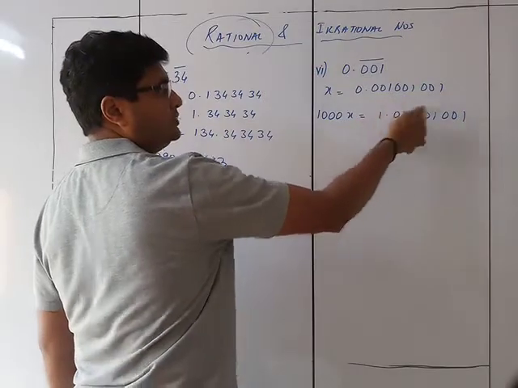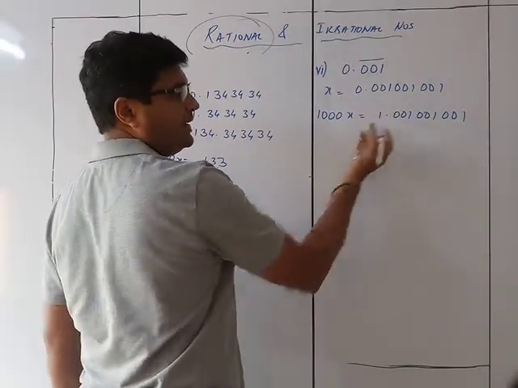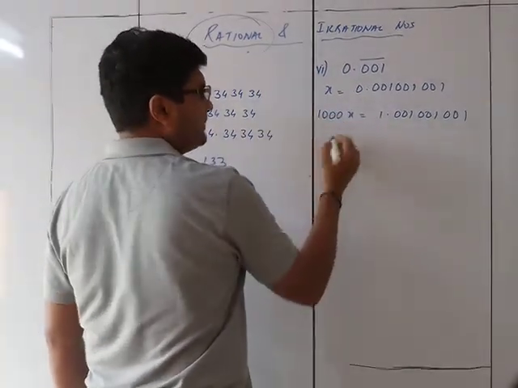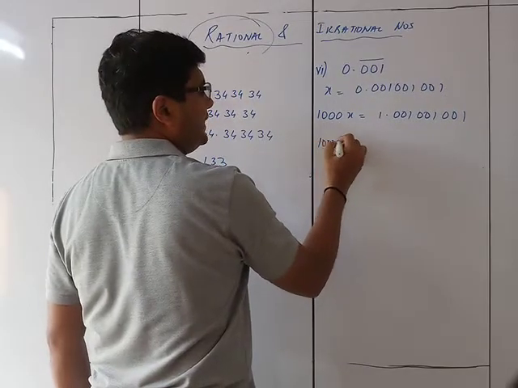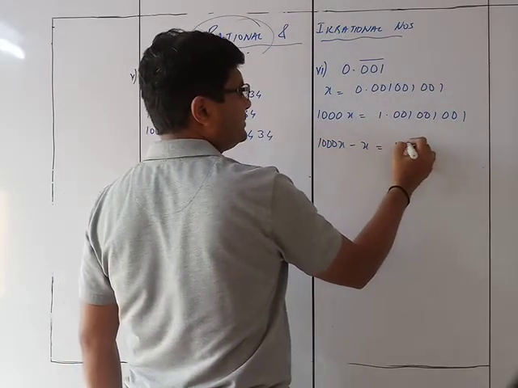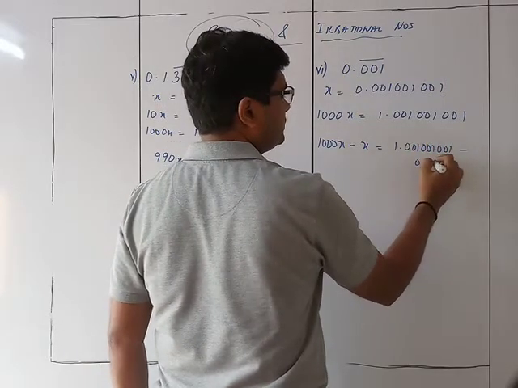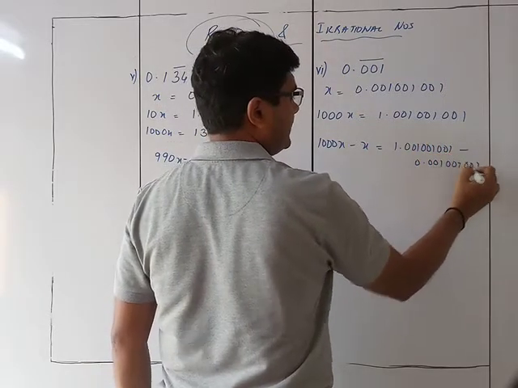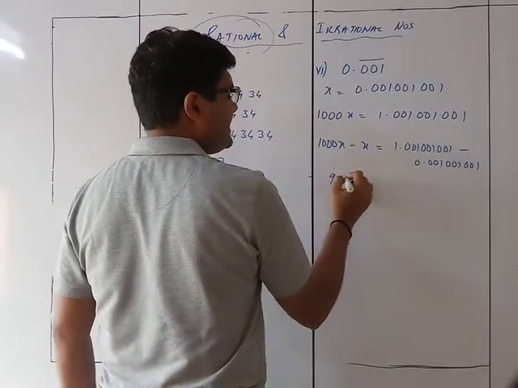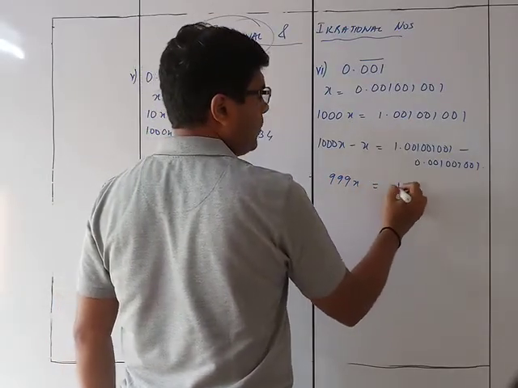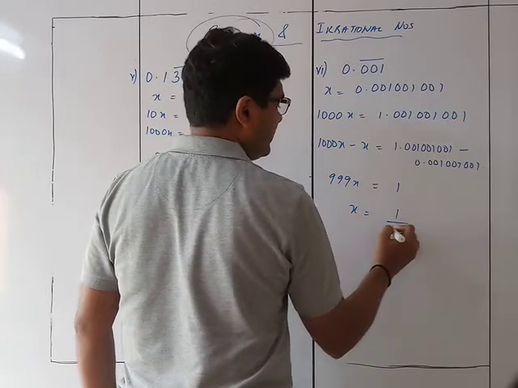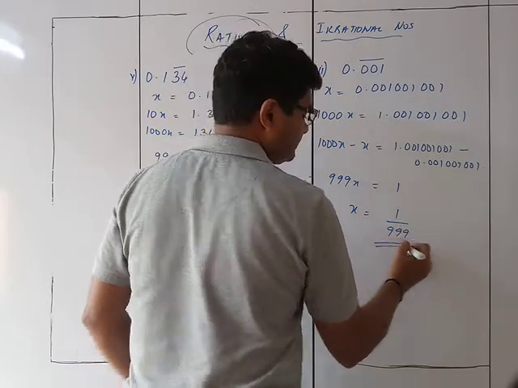We can multiply by 1000, so it is this way because there is no point in writing 001. So now subtracting these two, we get 1000x minus x is equal to 1.001001001 minus 0.001001001. That gives me 999x is equal to 1. So x is equal to 1 upon 999.